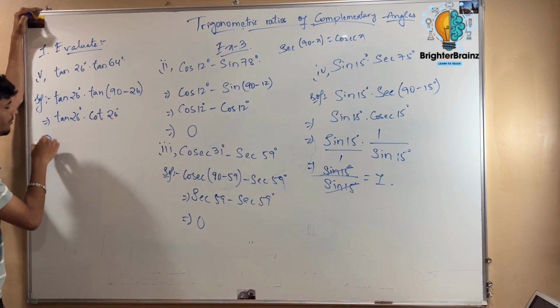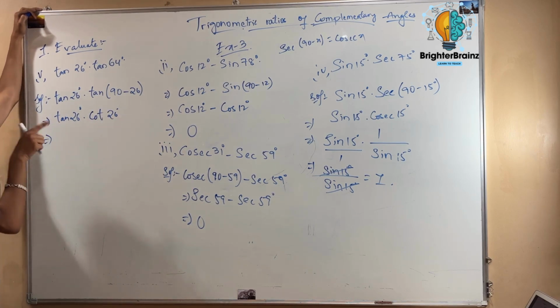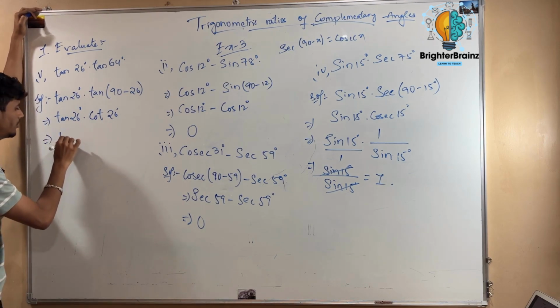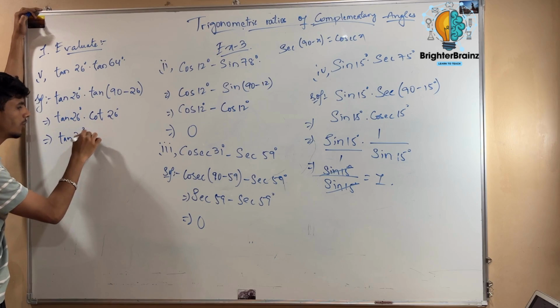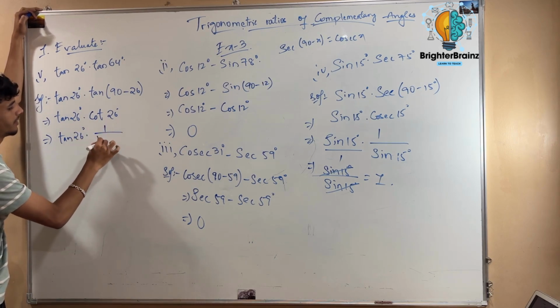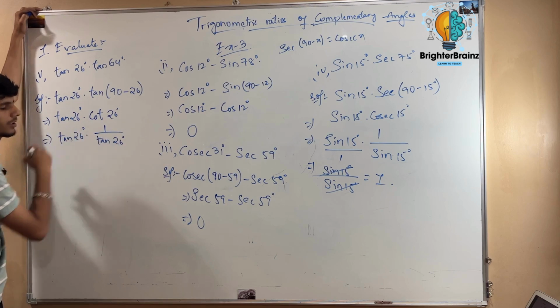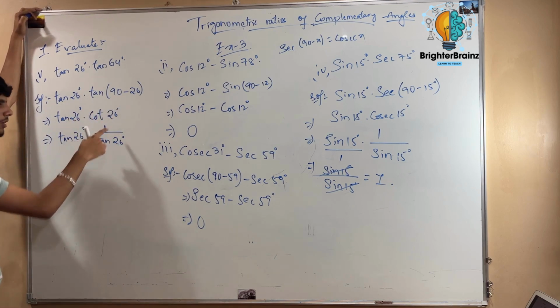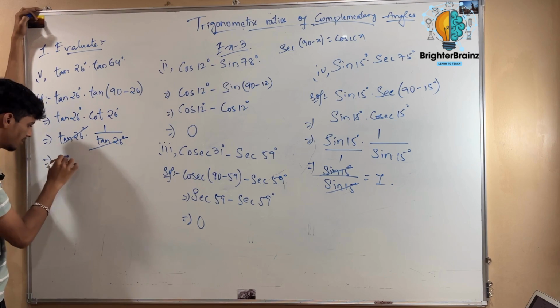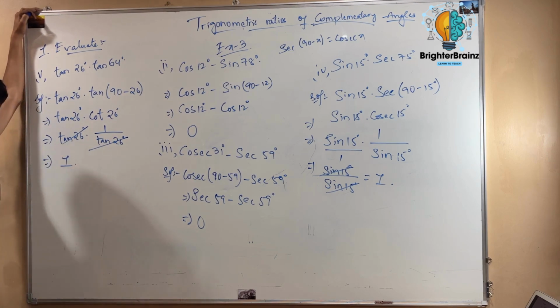The same thing we have to do, the basic concept: cot is the reciprocal of tan. So tan 26 degrees into cot 26 can be written as tan 26 into 1 by tan 26. Then tan 26 gets cancelled. 1 will be the answer.